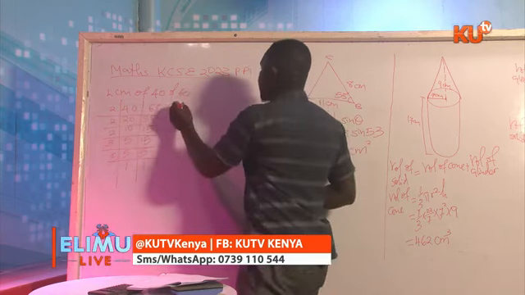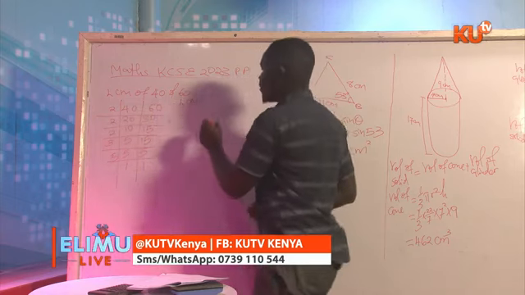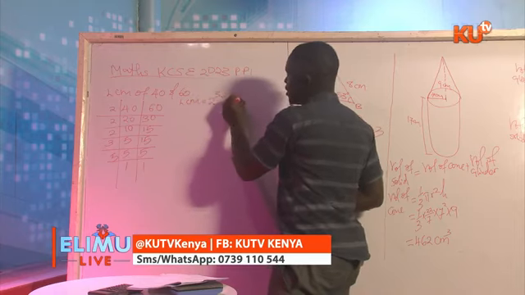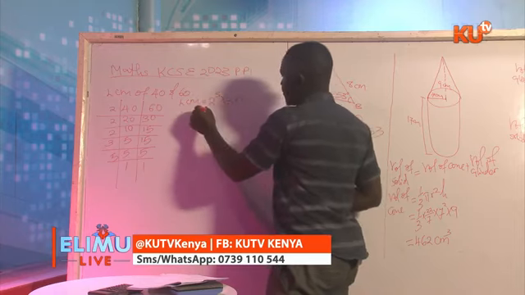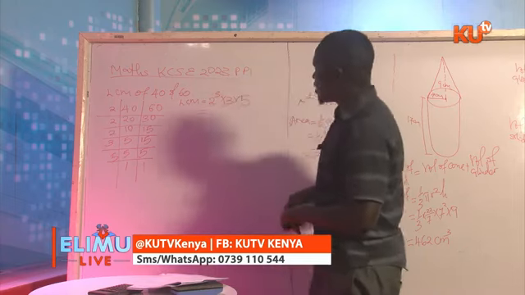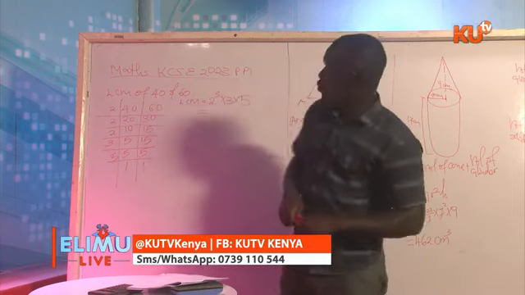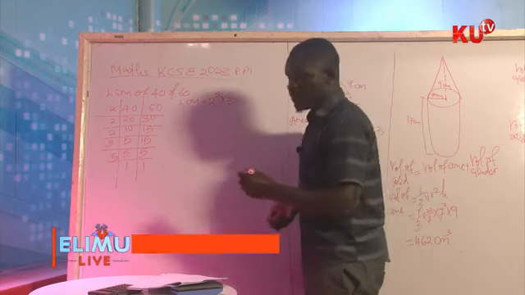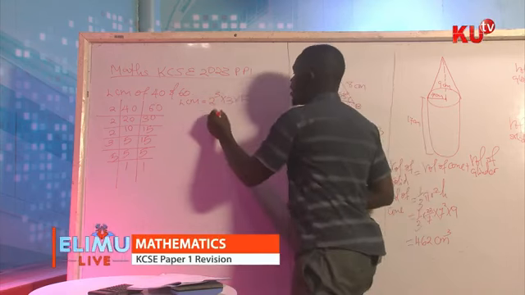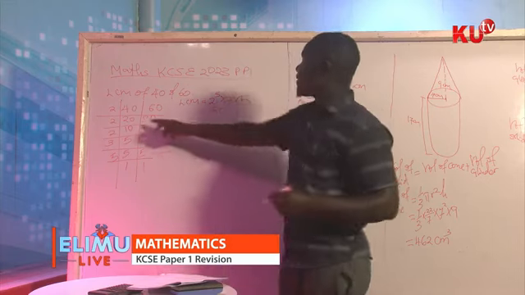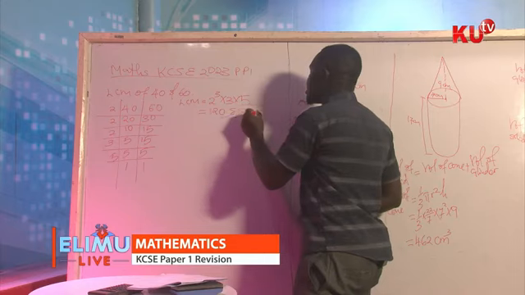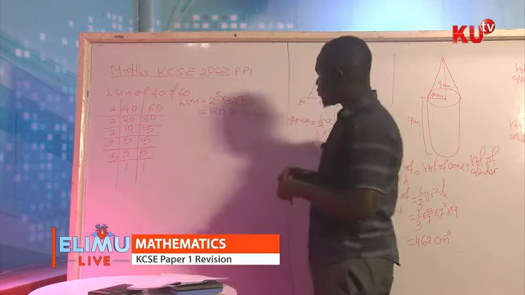Now what is the LCM here? It will be 2 cubed times 3 times 5, which when you multiply, you should be getting 120. But remember that these were seconds, so this is also 120 seconds.